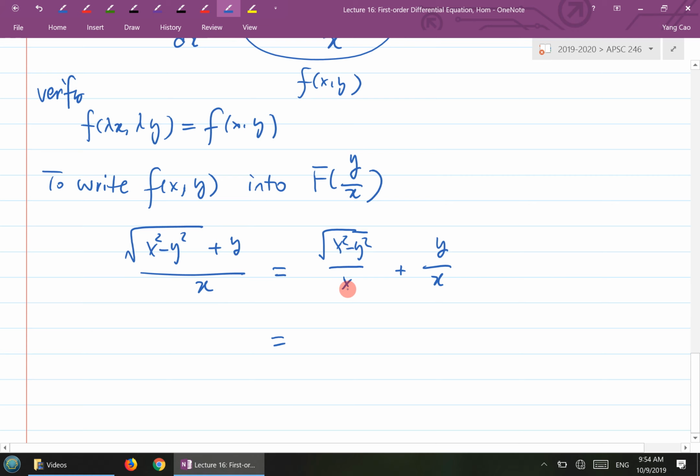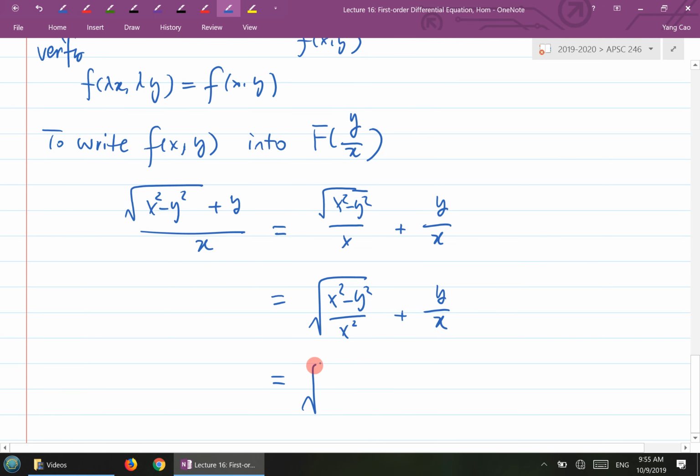I can move this x into the square root. So you get x squared minus y squared, then over x squared. And then inside this square root, you can see you have 1 minus y over x squared.